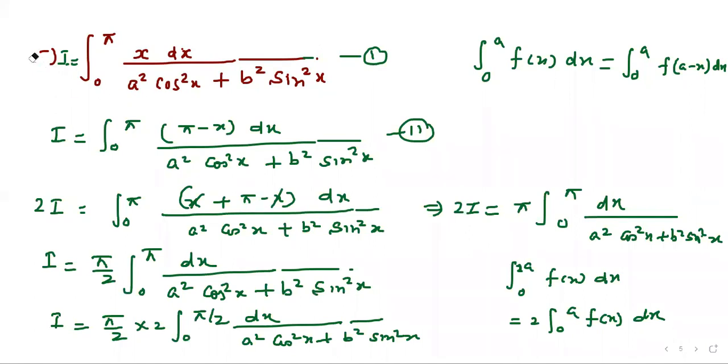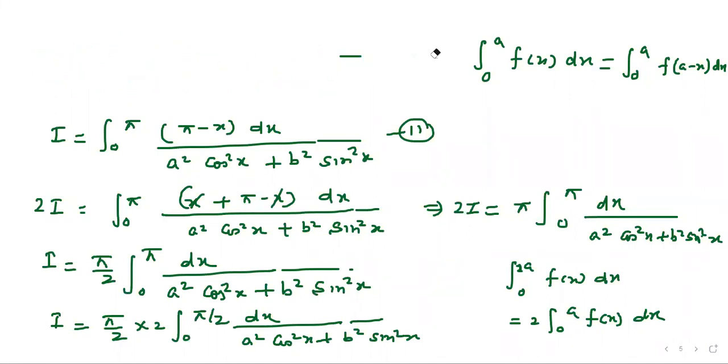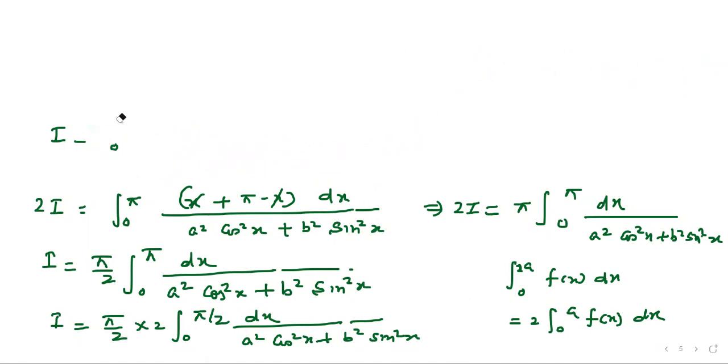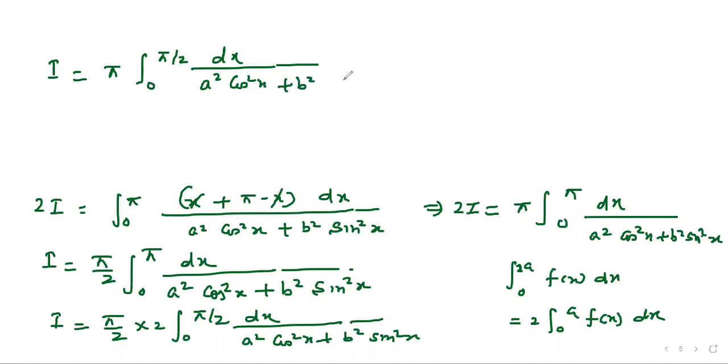Now further, it will become I equals pi times integration 0 to pi by 2 dx upon a square cos square x plus b square sine square x.